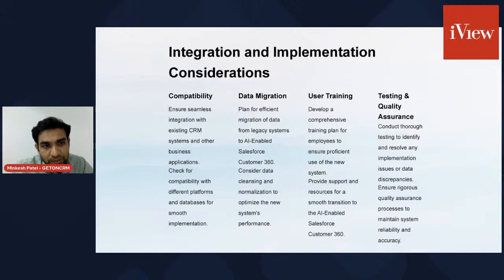Then data migration. Let's say the data is not in Salesforce but in a third party system, or in Excel, let's say, where APIs are not there, but you can export that data.